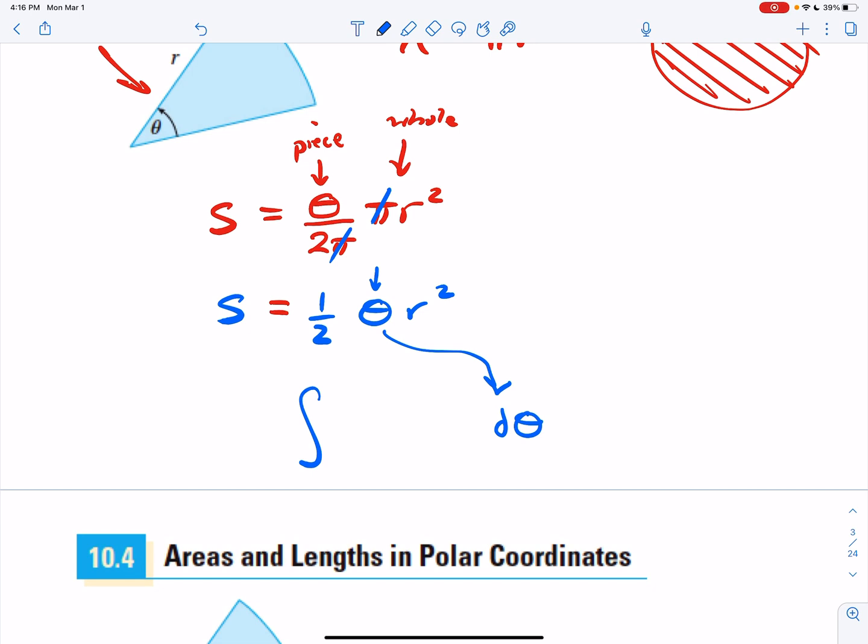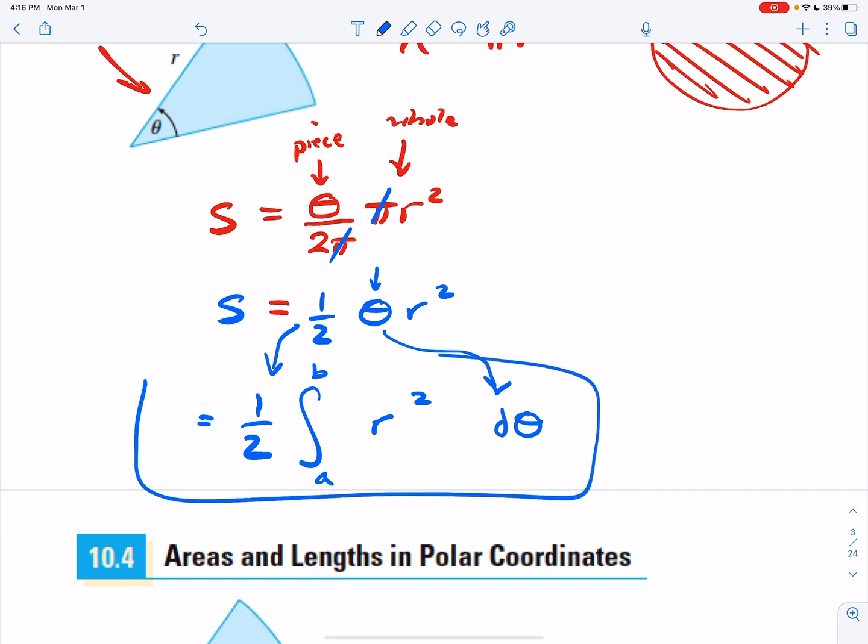Integrating causes that theta to become infinitely small, so you could squeeze in an infinite amount of pizza slices, okay? That 1/2 is a coefficient that can go on the outside, and you're really just left with r squared from some number to some number. And this is really your formula right here. This is the one that we're going to be working on for today.